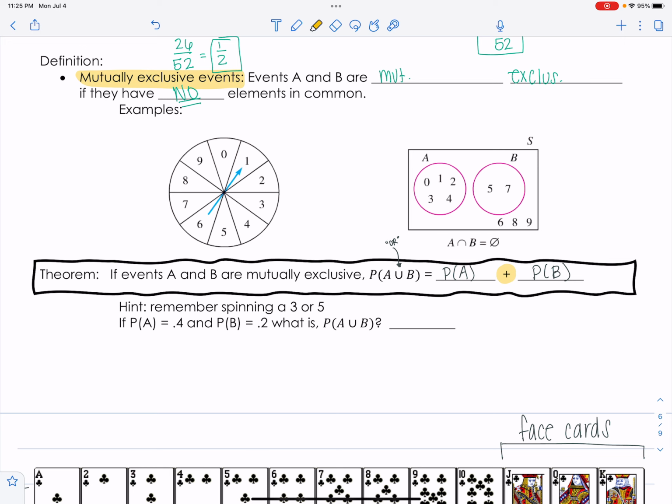What is the probability of A or B? Well, we could say that's the probability of A plus the probability of B using that official formula. The probability of A is 0.4 plus the probability of B is 0.2. And so without knowing any context, I can find that the probability of A or B would be 0.6.